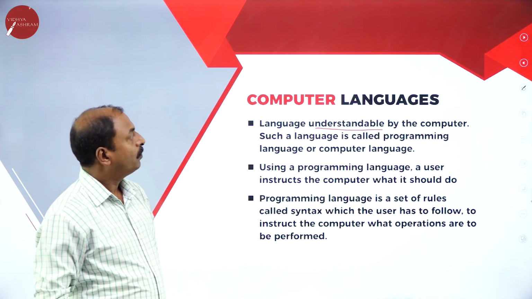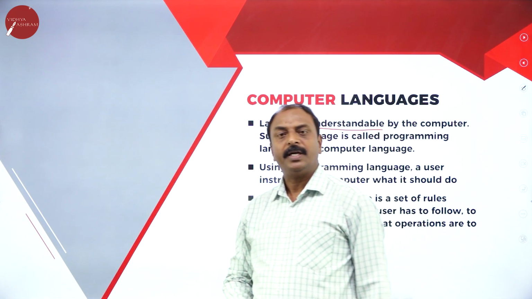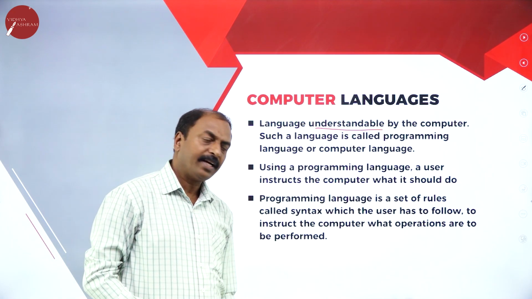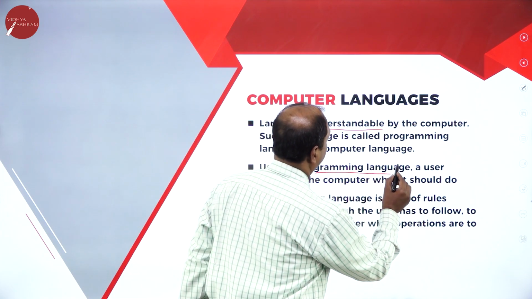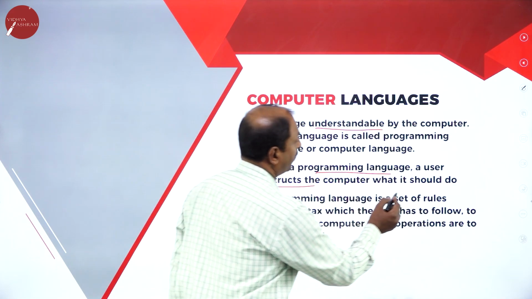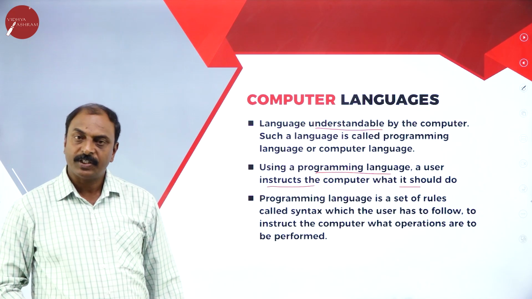So what is a computer language? A language which can be understood by a computer system is called a computer language. And using a computer language or programming language, a user can instruct the computer what it should do. So what is the use of a computer language for us?